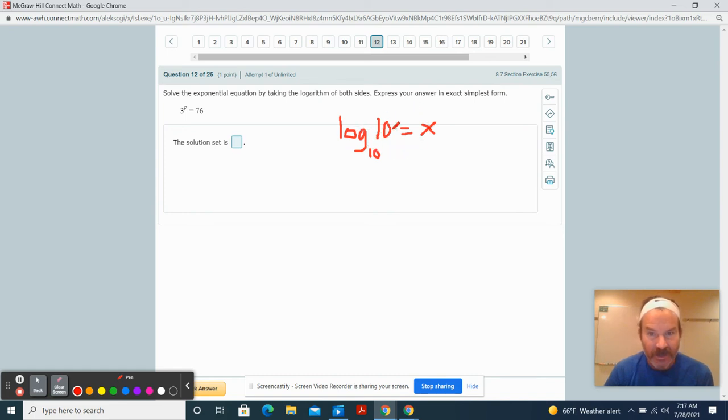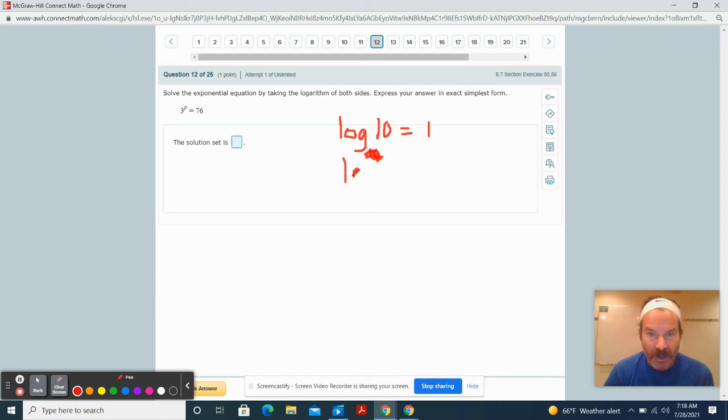So we know the log of 10 is equal to 1. Usually you don't even see this 10 right here, so I'm not going to write the 10 anymore. We'll just say log of 10 is equal to 1.